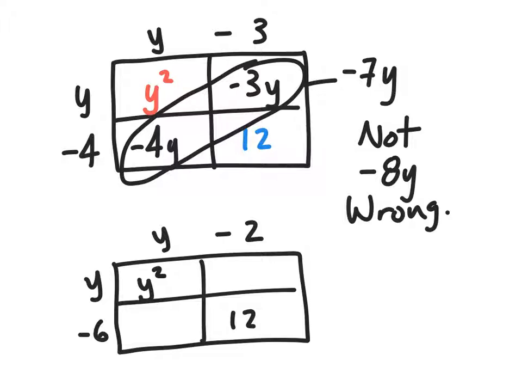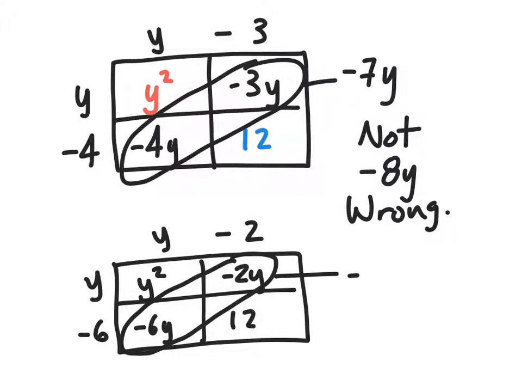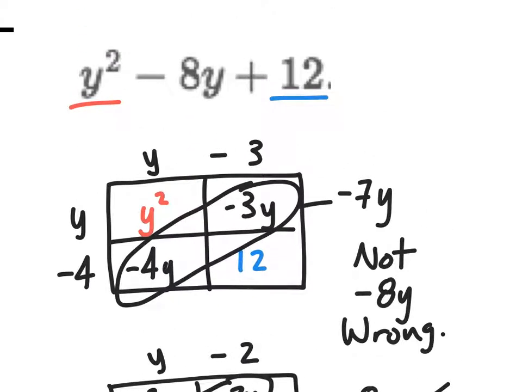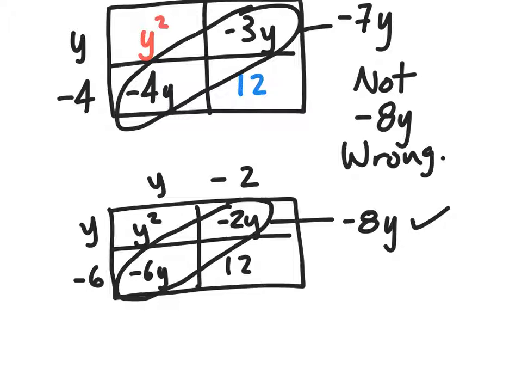The cool thing about that is that -2 times y is -2y, and -6 times y is -6y. If I add these together, that's going to give me -8y, which is what we were looking for here. And so now this is correct.